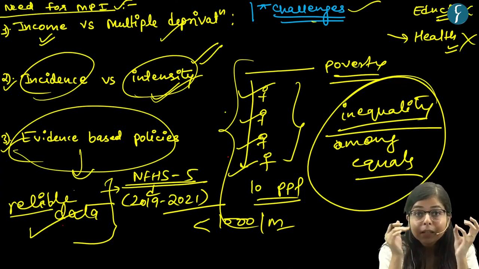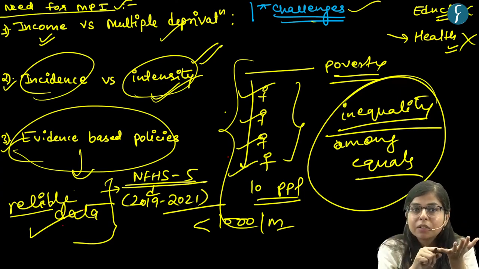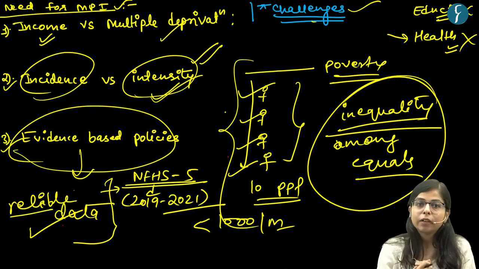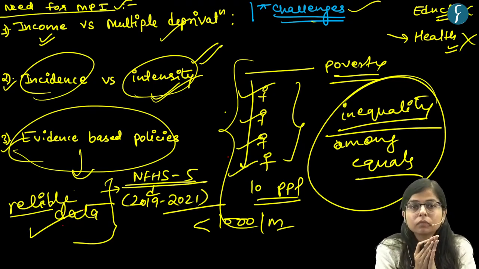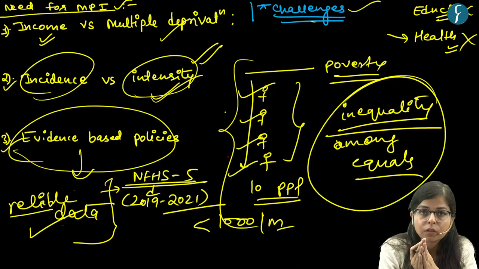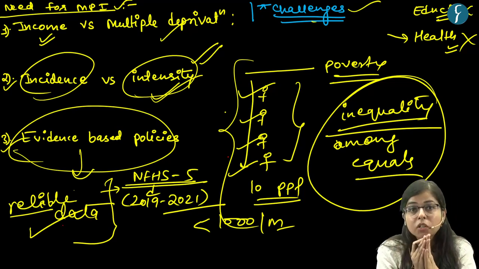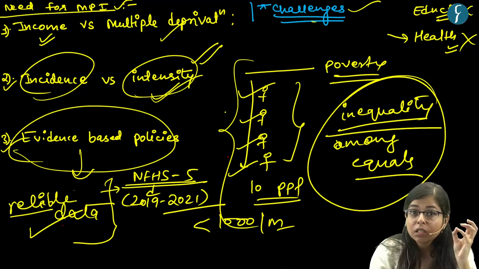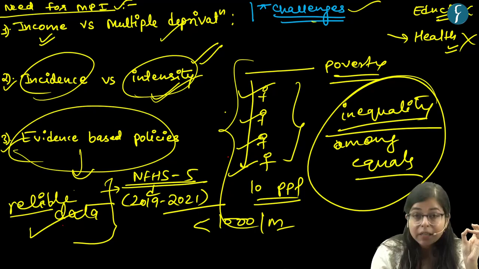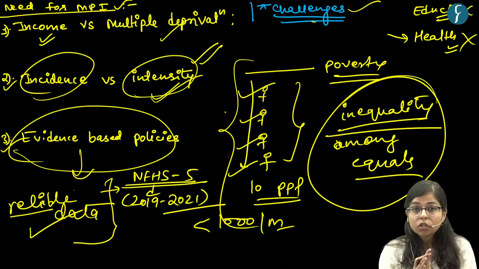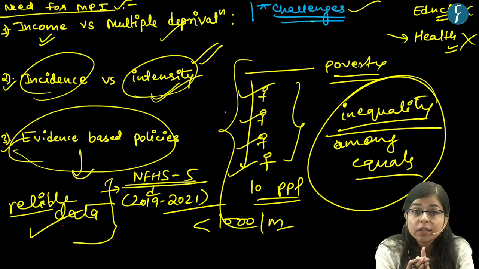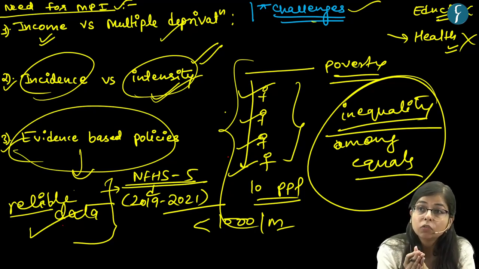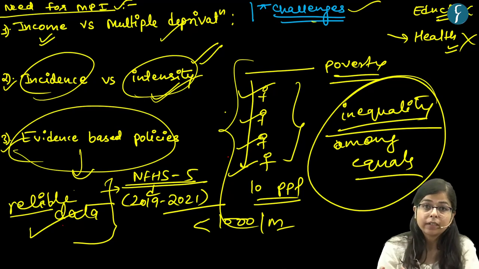We need credible, authentic data to map the extent of poverty in the country. So what should be the best approach? The best approach should be using a combination of earlier estimates, which is the poverty line estimates, along with the multidimensional poverty indicators, to better gauge the levels of poverty in any country, and then to formulate policies for their addressal, right?